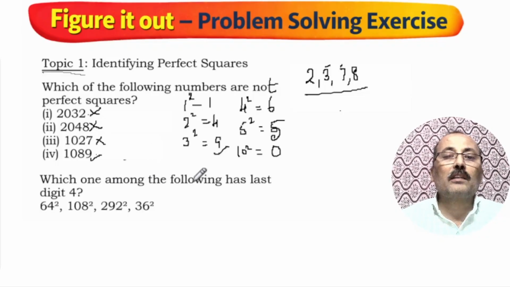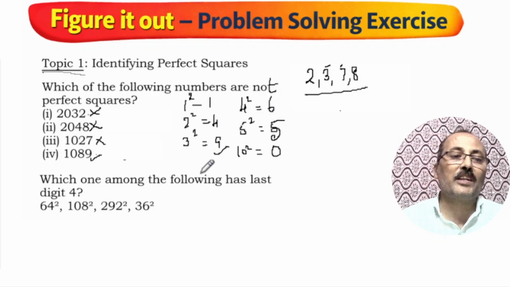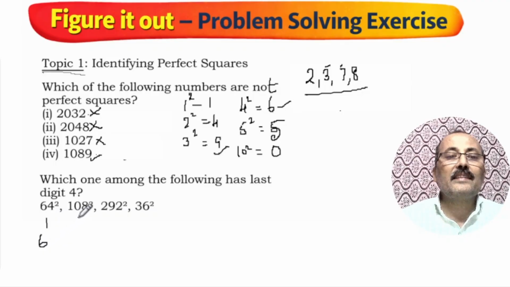Which one among the following has last digit 4? Okay, the same thing. 1 square is 1, 2 square is 4, 3 square is 9, 4 square is 16, so it ends with 6. 8 square ends with 4, 2 square ends with 4, 6 square ends with 6.